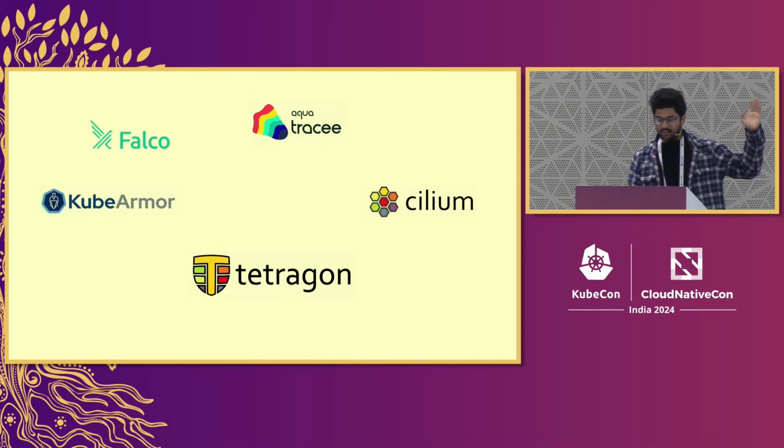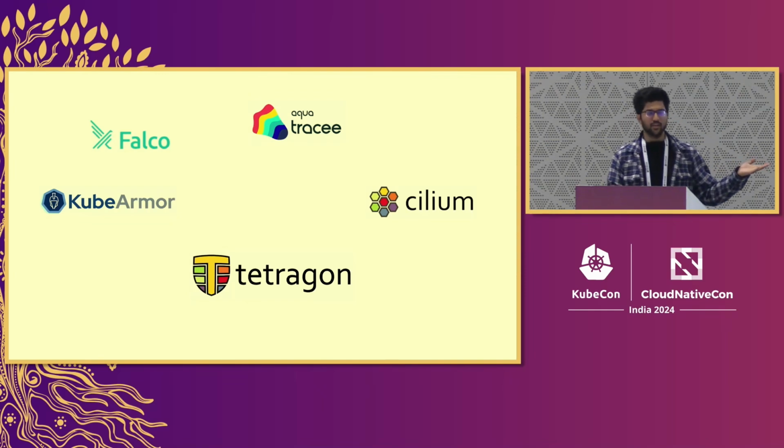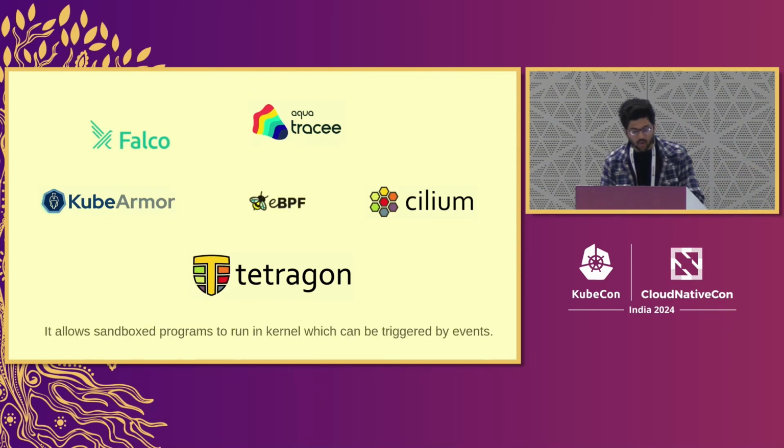And then we have a CNI engine, which also gives us very good observability. And all of these, you might have noticed, utilize eBPF, which basically allows you to run a sandbox program directly inside the kernel. These programs are triggered based on certain events, which you can code yourself.